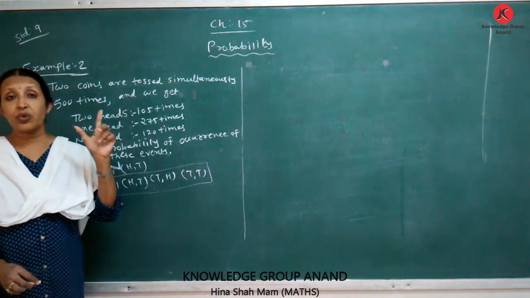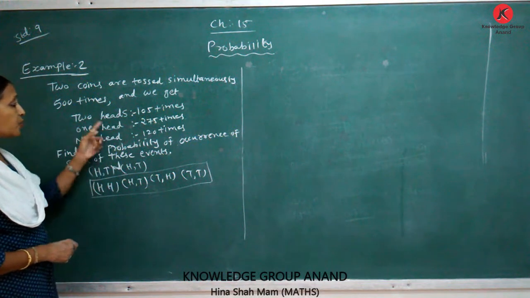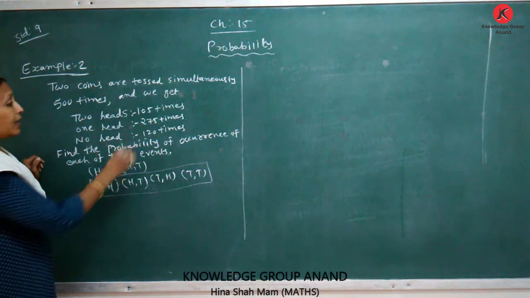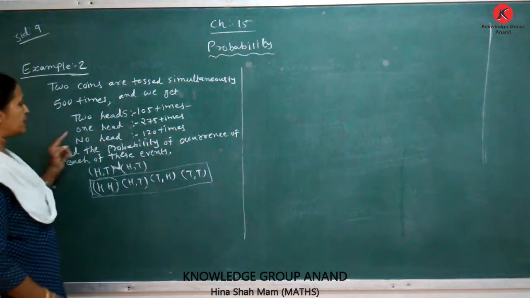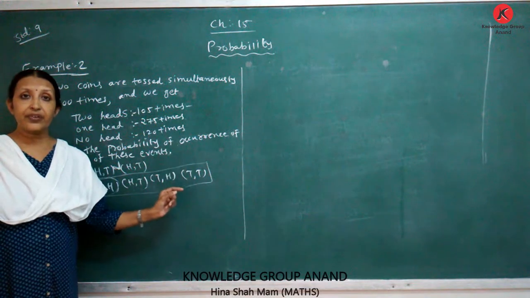In tossing 2 coins 500 times, 2 heads means this type of event, HH, we get 105 times. 1 head we get 275 times. 1 head means both HT or TH are included.